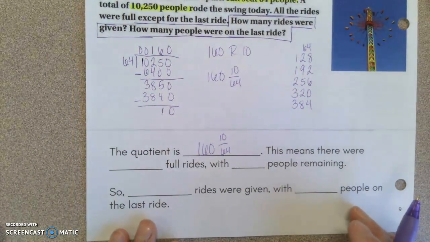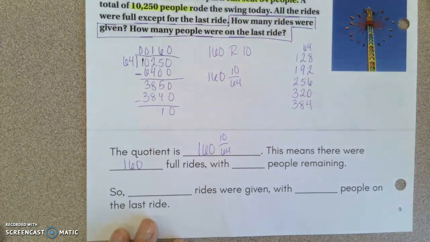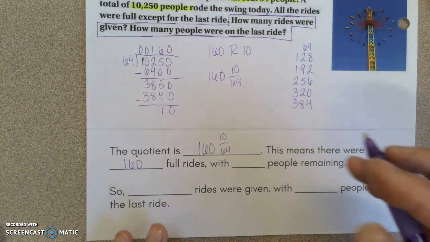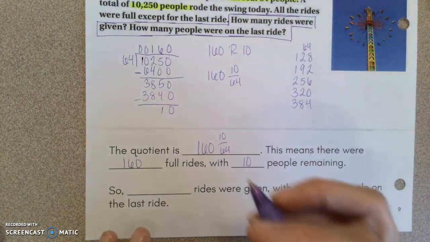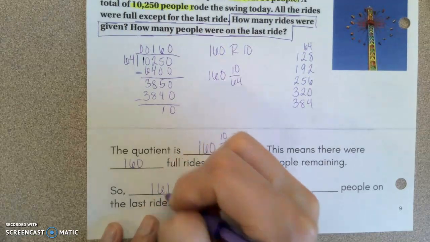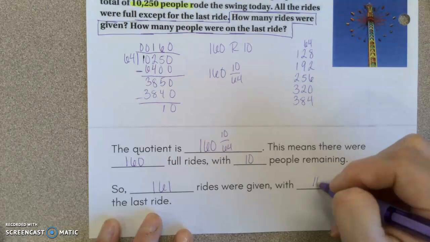This means that there were 160 full rides. They gave 160 rides with 64 people on each ride. Okay, and there were still 10 people remaining. So there were 161 rides given in total, but the last ride only had 10 people on there.